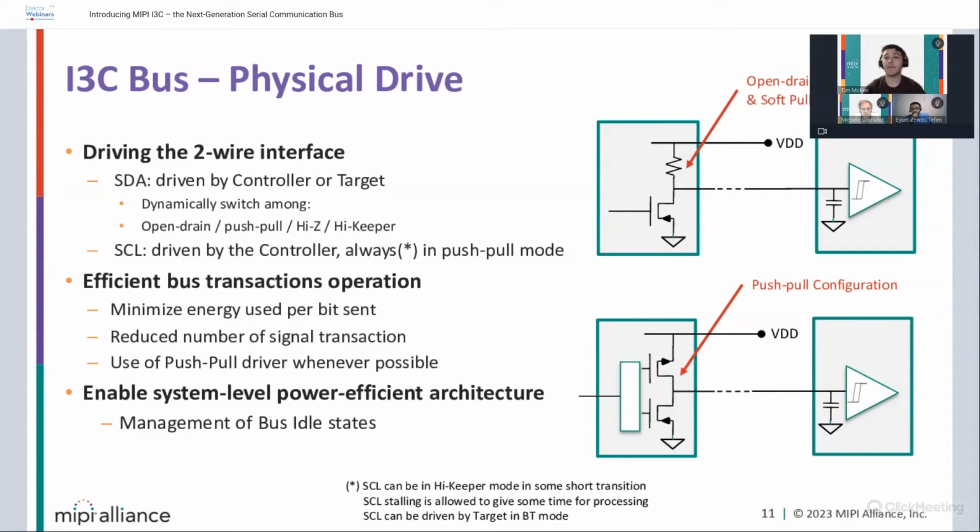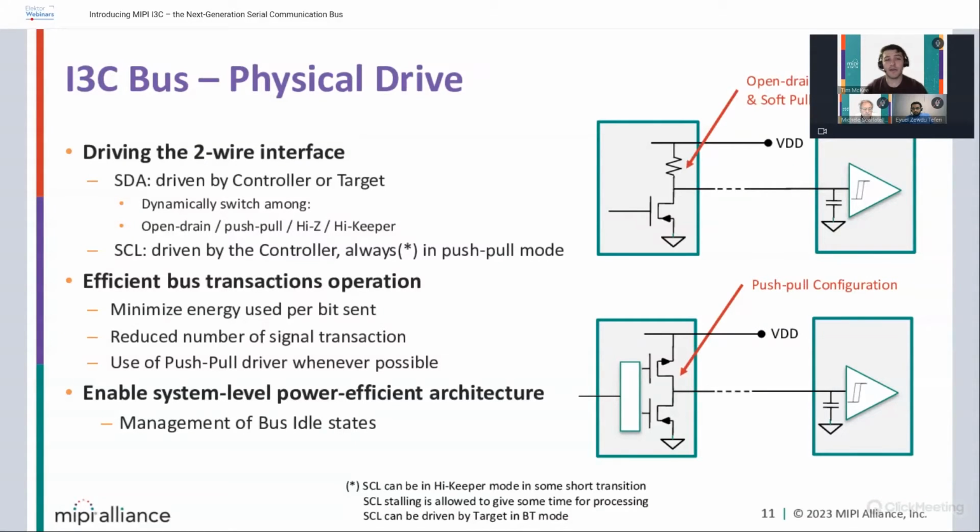Our controller is kind of the manager of the bus. A target would be something like a sensor that it is trying to communicate with. So both can drive data. And that bus will dynamically switch between open drain, push-pull, high Z, and high keeper, all in order to keep the efficiency and power in check.